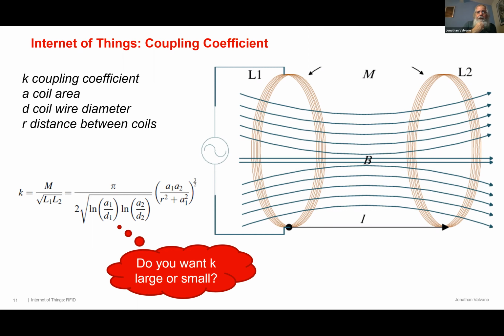And again, we got two coils. A1 and A2 are the areas of the two coils. Now, one of these is going to be large, the other is going to be small. Okay, which is big, A1 or A2?